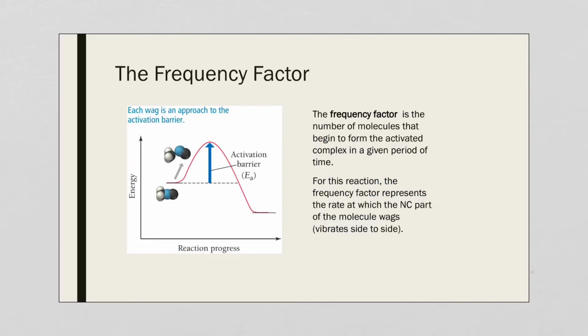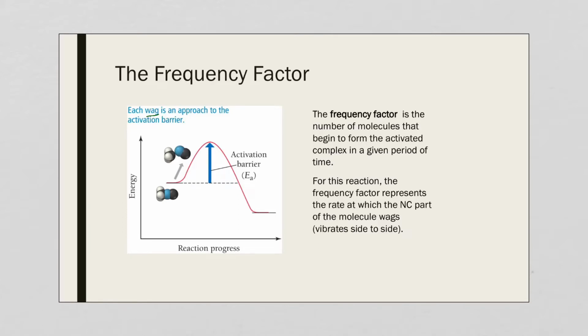For that one, the frequency factor is a look at that reactant, where we have this carbon-nitrogen bond forming that activated species. In this particular example, they call this rotation a wag, sort of like wagging a tail, where we start this rotation.